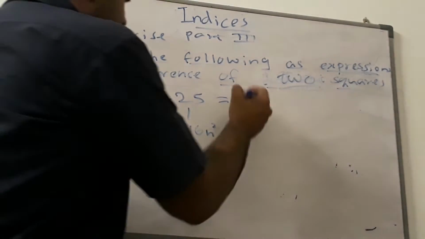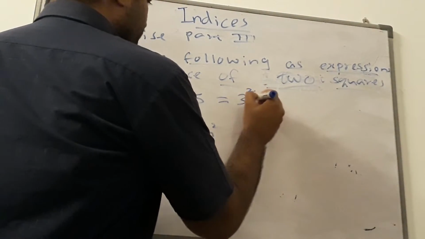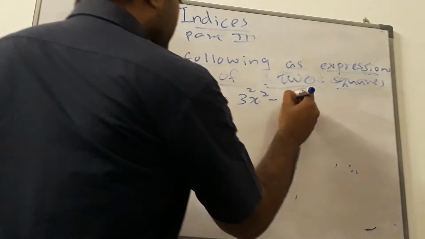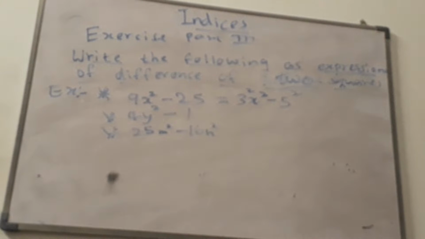We know 9 is 3 squared, and x squared is also there, minus 25 can be written like 5 squared, 5 times 5, 25.